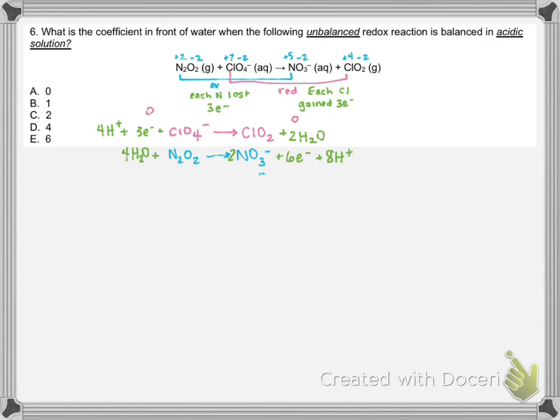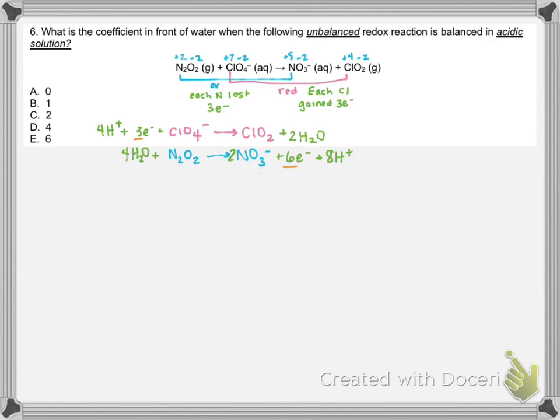So now what we have to do is combine our 2 half reactions. And when we go ahead to combine, we want to make sure that our number of electrons are the same. And right now they're not. We don't want to have any electrons in our final overall reaction.